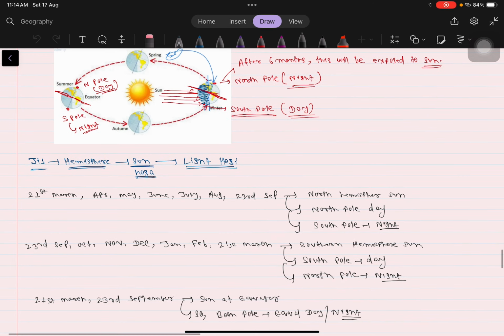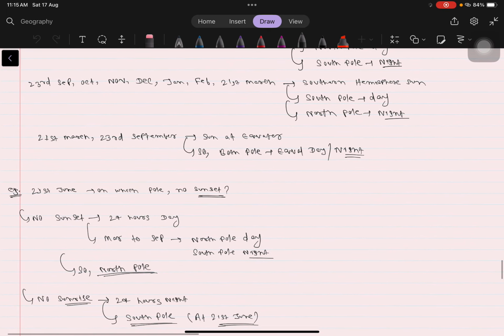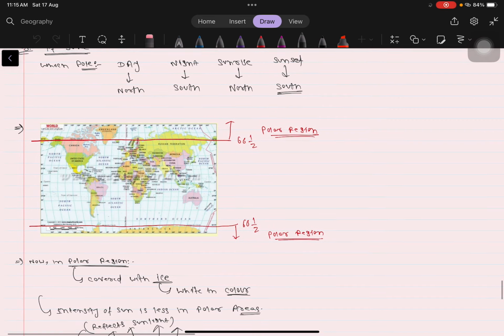So the north pole has day from 21st March to 23rd September, and from 23rd September to 21st March the sun is in the southern hemisphere. So both get equal day and night. So this is all about the day.